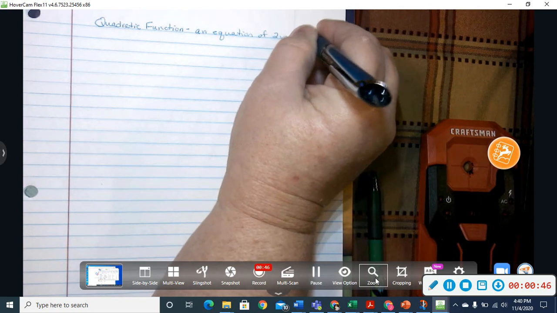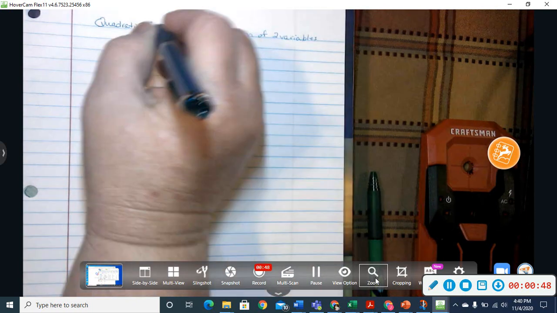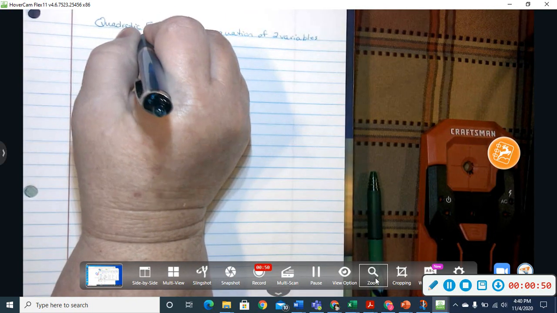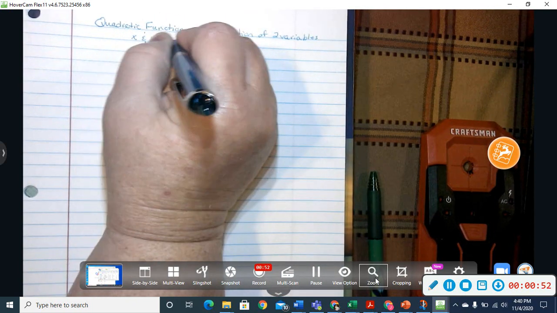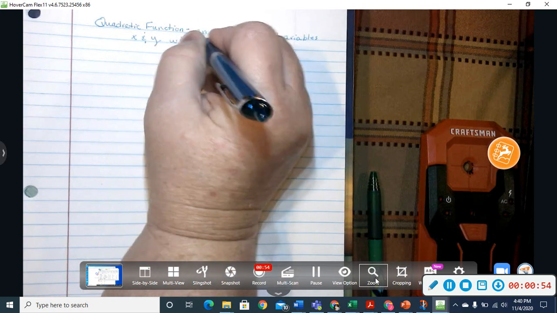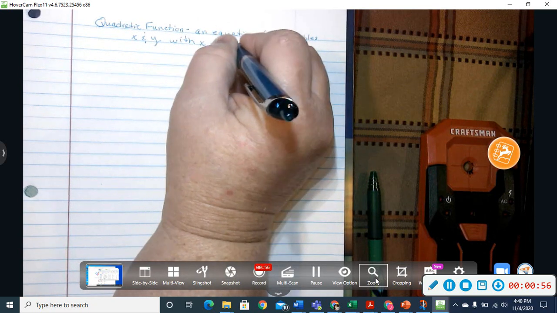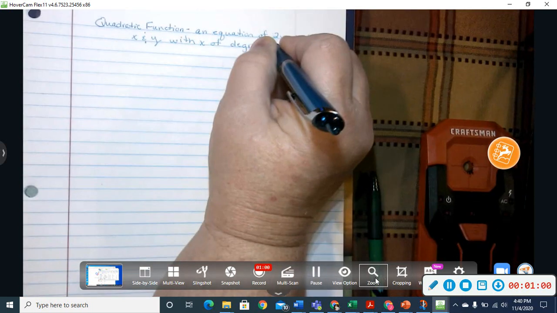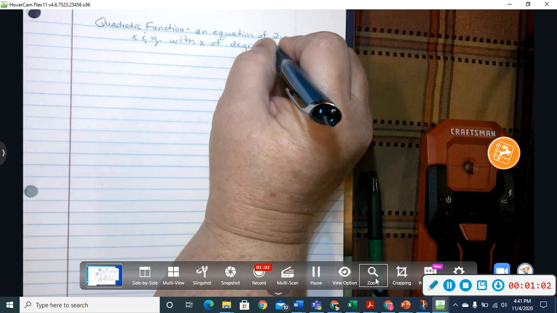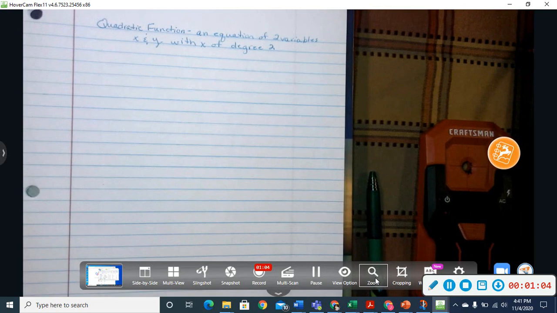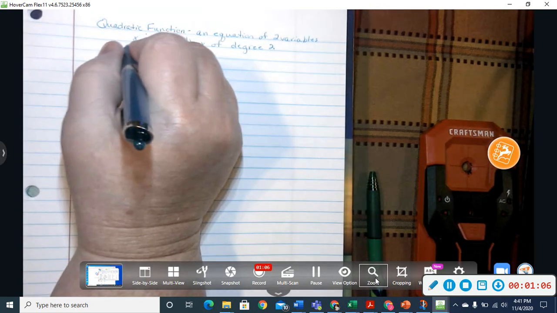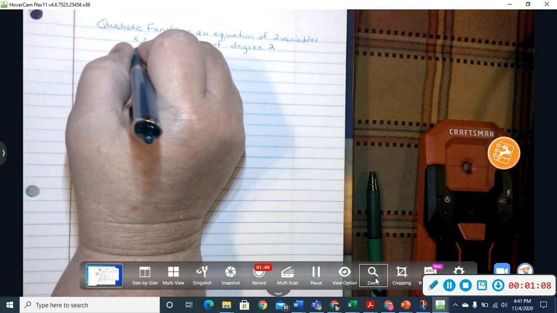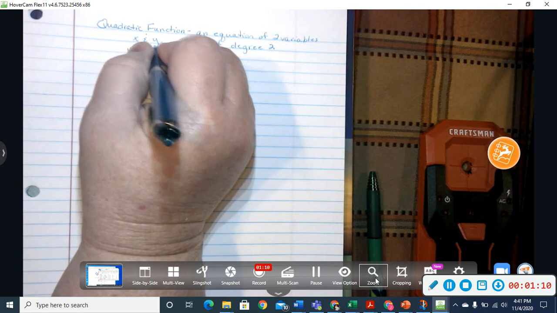It does have two variables. And the x has degree 2. The most basic equation looks like y equals x squared.